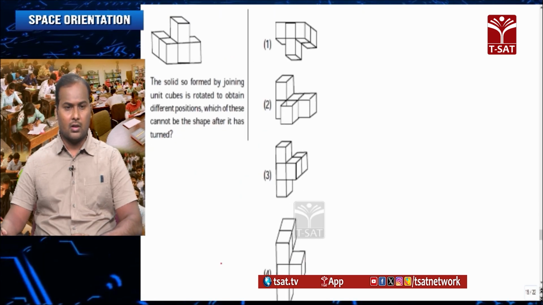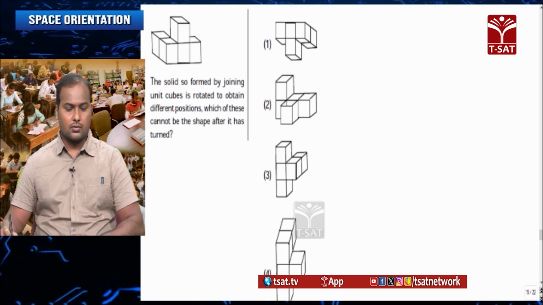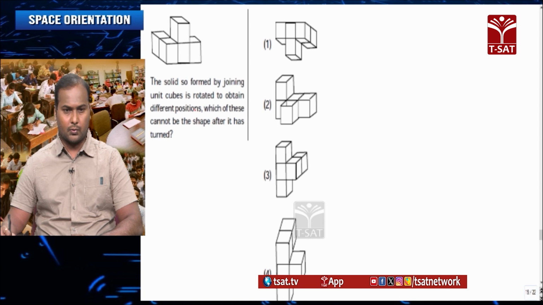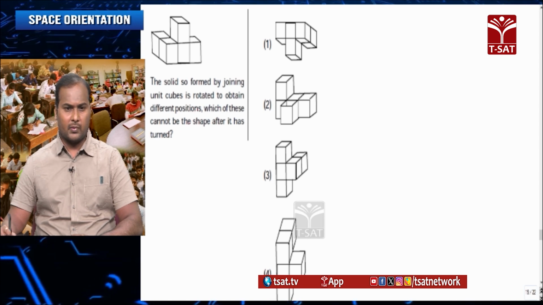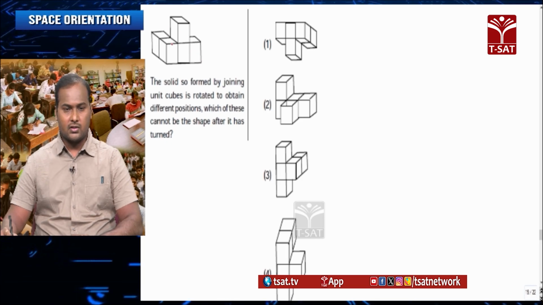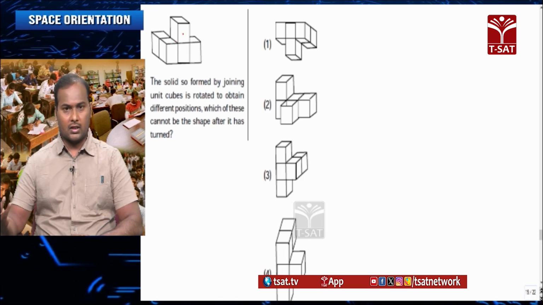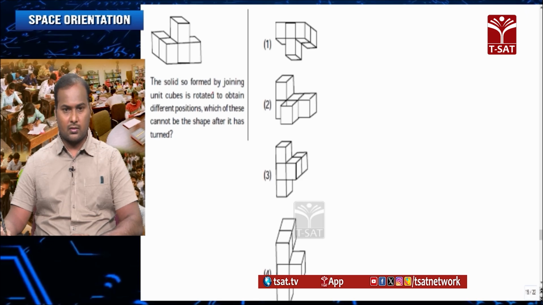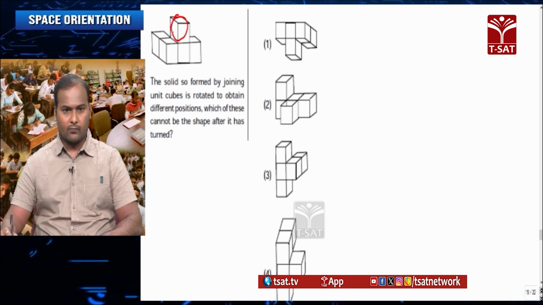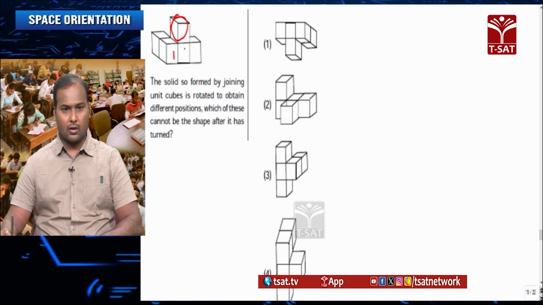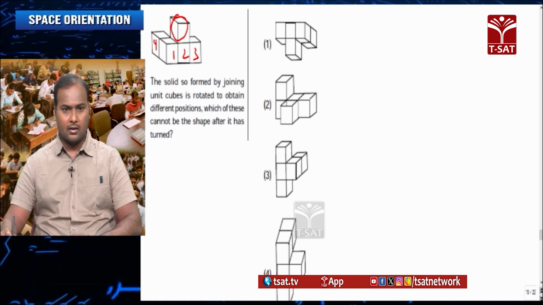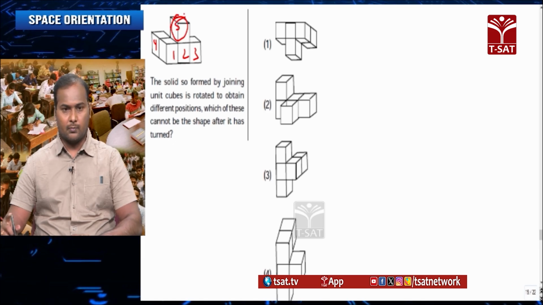See this question. It says that the solid so formed by joining the unit cubes is rotated to obtain different positions. Which of these cannot be the shape after it has turned? So clearly see the image. If I turn it into another shape, which one is possible and which one is not possible? In this case, try to remember this upward position. That is a clue for us, because here 1, 2, 3 and then followed by 4. So 4 on one line, the fifth one is on the top. Based on this we will check.